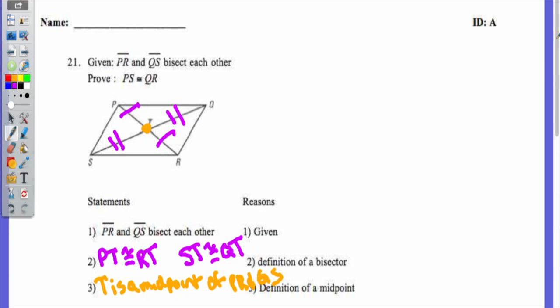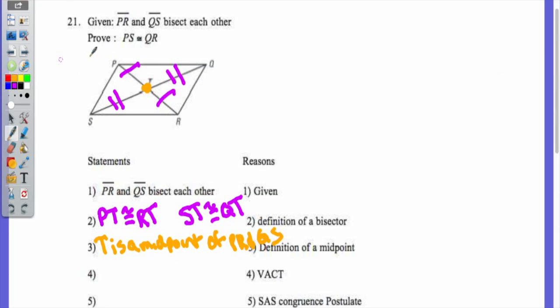Now, because I ultimately want to prove this is congruent to this, the vertical angles that I'm talking about are that angle and that angle. Technically, the red angles and the angles I'm going to draw right here with a black arc, the black arced angles are vertical also, correct?